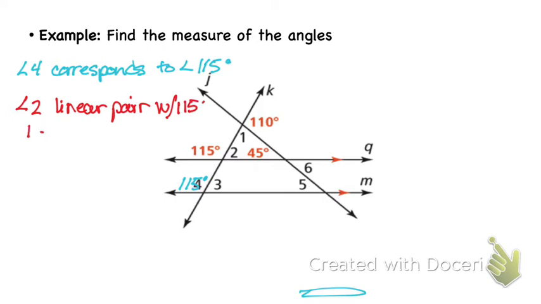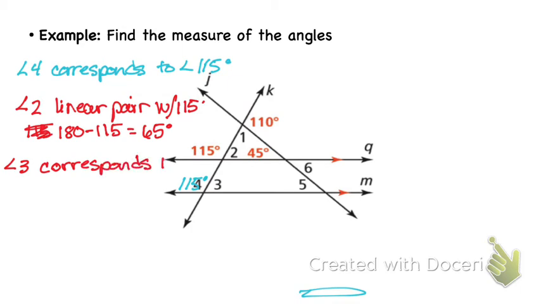So that would be 180 minus 115, which would be 65. So angle 2 is 65. Now angle 3 corresponds to angle 2, so it equals 65 also.